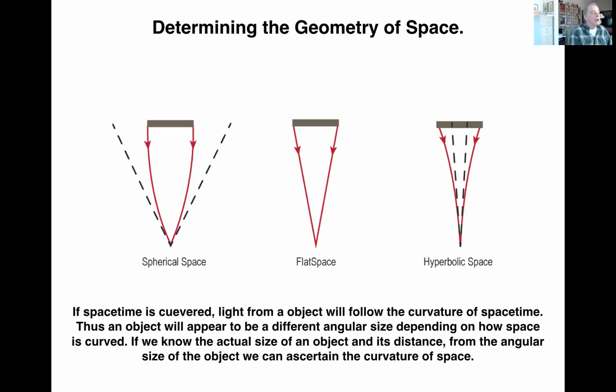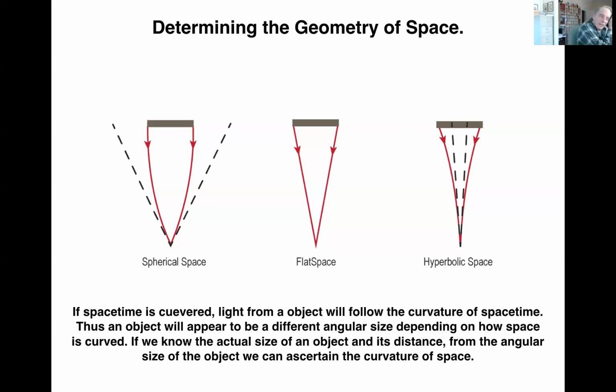We can also know how far it is away, and this depends somewhat on the model that we have of the universe. So all of these arguments have to be self-consistent with other data and so forth. Suppose we know physically the width of that bar. We know how far it is away. Then the angle that it subtends in the sky would depend on the geometry of the universe.